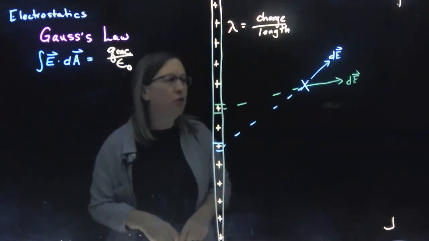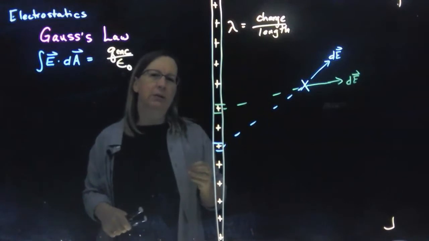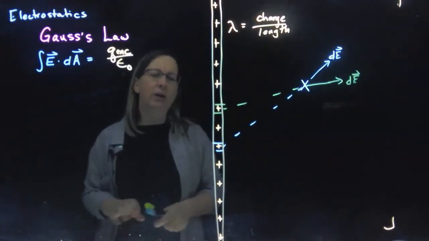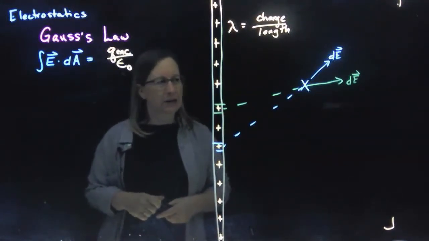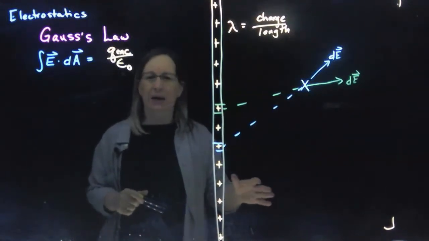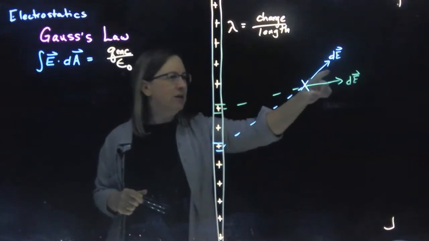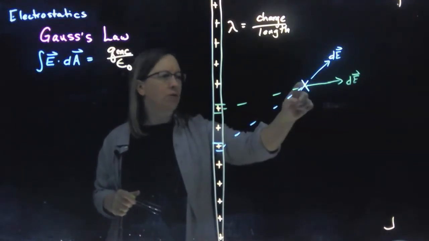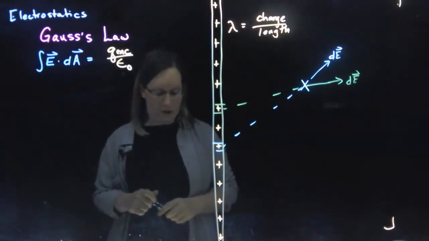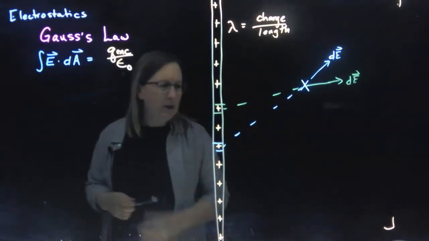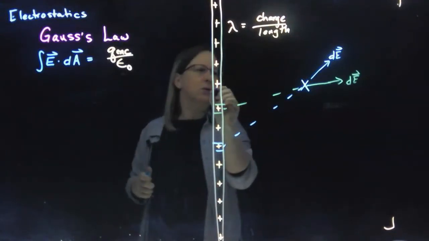So in order to do that, we first need to figure out what direction the electric field is likely to be. If I want to find the electric field here, let's at least establish what direction it's going to be. One thing we can realize is, this is sort of the halfway point.